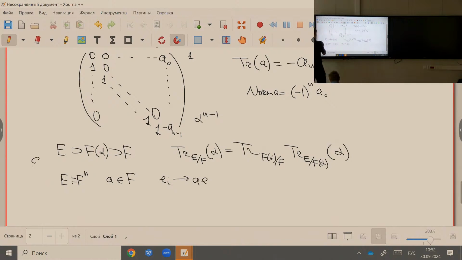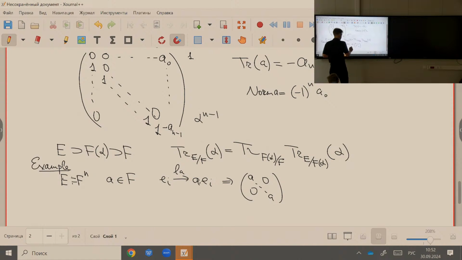So that is another example. So the left shift maps the basis diagonally, just multiplying it by the element from the field. And this implies that the matrix will look like this for the element. And so the trace of this matrix is just n times A.